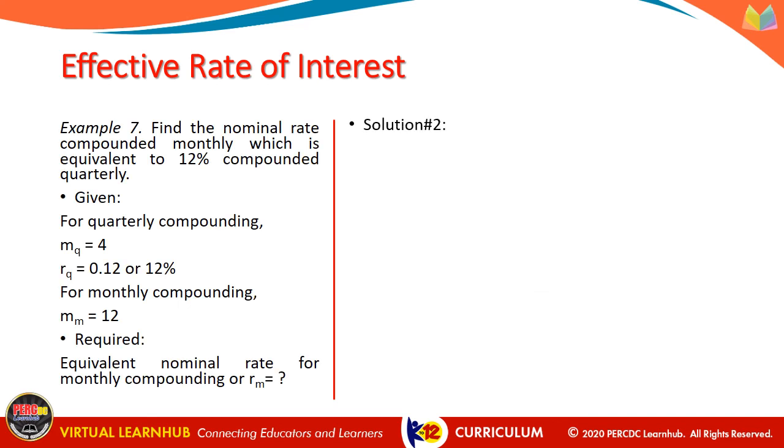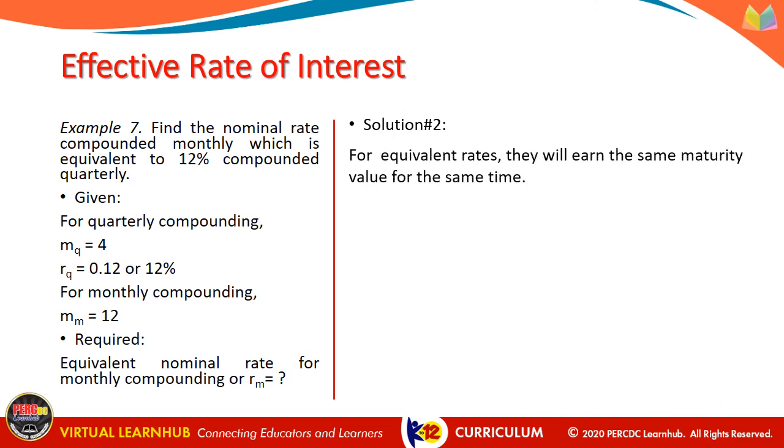For solution number 2, we just need to note that for equivalent rates, they will earn the same maturity value for the same time. That's why they are called equivalent rates. They have the same maturity value for the same time. So we can equate the future value for monthly compounding to the future value for quarterly compounding.